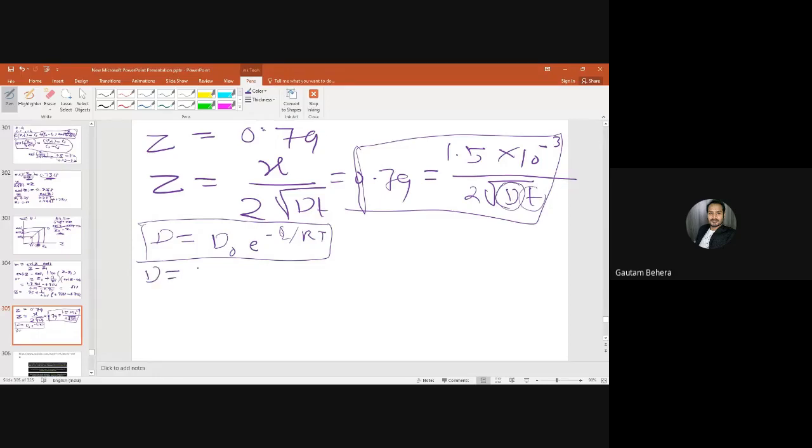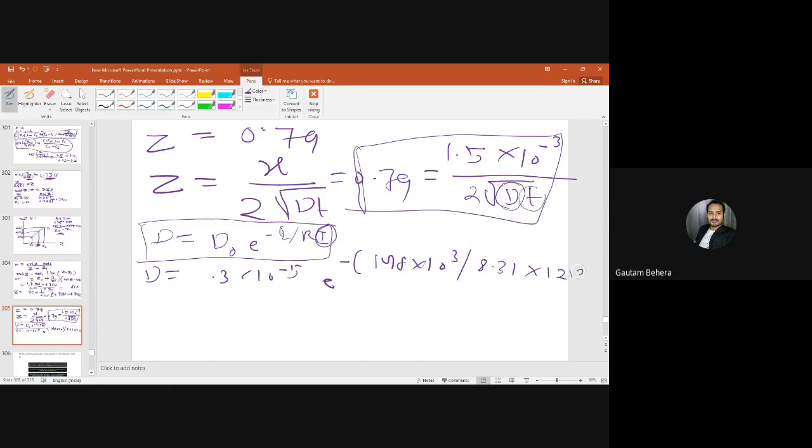So I can solve this one. D is equal to D naught, given, 2.3 into 10 to the power minus 5, exponential function of minus 148 into 10 to the power 3, you understand why? You have to convert the kilojoule into joule. So this will be divided by gas constant 8.31 into T. Remember this is the temperature, and temperature is given 1000 degrees centigrade, so you have to convert into Kelvin.